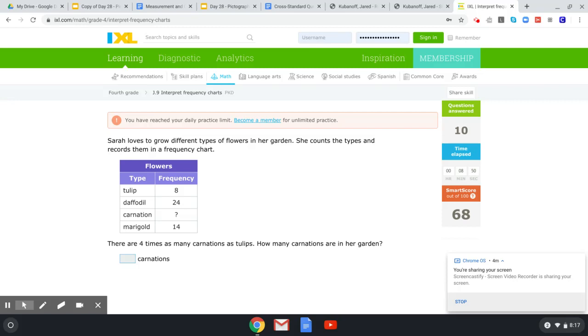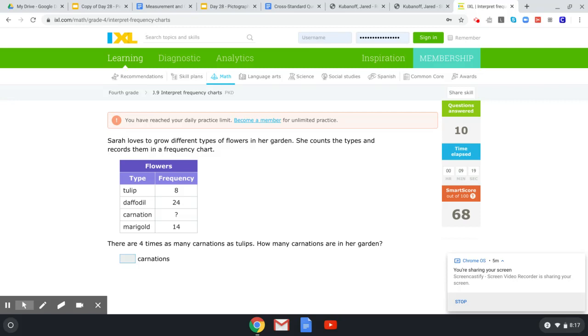This is a great cross-standard question because not only do we have to look at the table, we're asking how many times more. So there are 4 times as many carnations as tulips. How many carnations are in the garden? So if there are 4 times as many carnations as tulips, that means if tulips is 8, there are 4 times as many carnations.